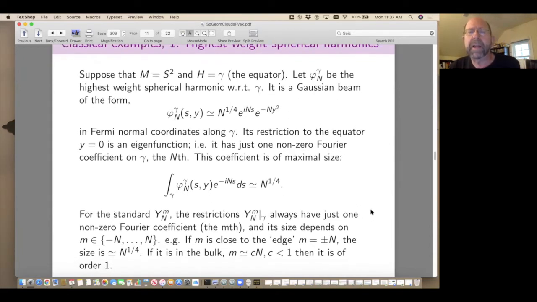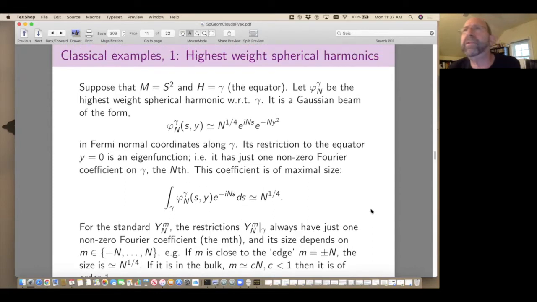Okay, so these are the most famous examples. Let me mention them, because anybody who's worked in this field would immediately look at Gaussian beams. Gaussian beams correspond to closed geodesics, and a Gaussian beam oscillates like e to the i N s along the geodesic in arc length s, and in the transversal direction to the geodesic, it has Gaussian decay.